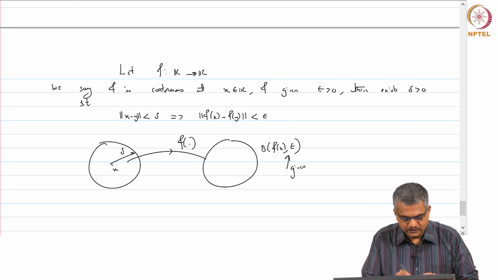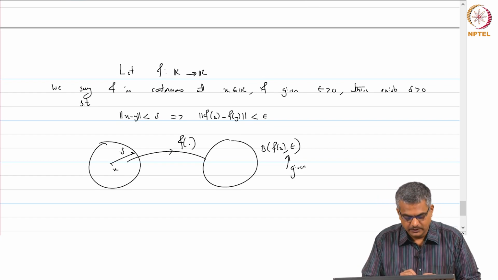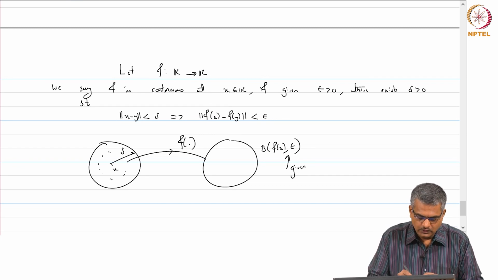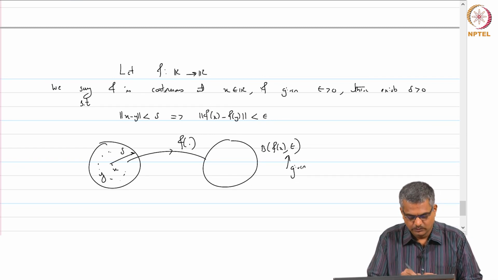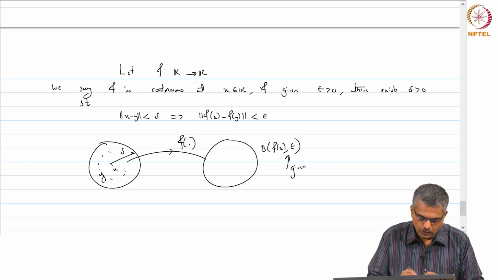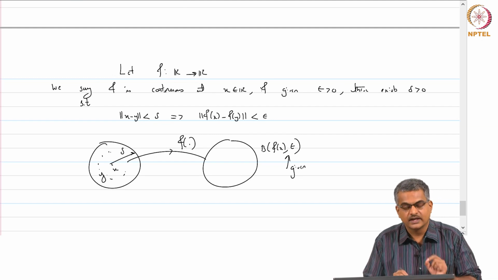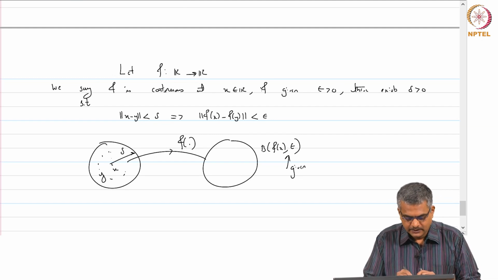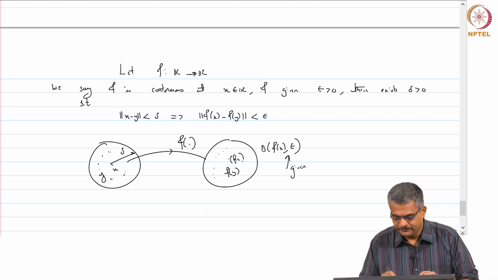If you can come up with a delta, a positive number, such that for all y in this open ball, note that this is an open ball because this is a strict inequality, for all y in an open ball with center as x and radius delta, the function gets mapped to, so there is an f of x sitting here and then all other points map to f of y.